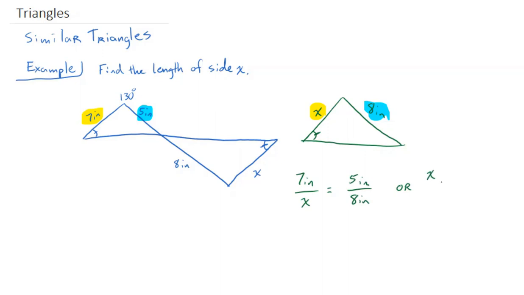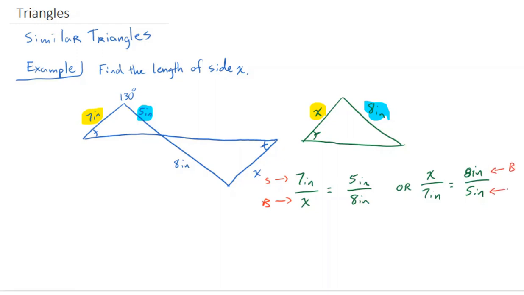You can do X over 7 inches equals 8 inches over 5 inches. Either way you set it up is okay. In this first one we have the small triangle on top and the big triangle on bottom. The second one I have the big on top and the small on bottom.